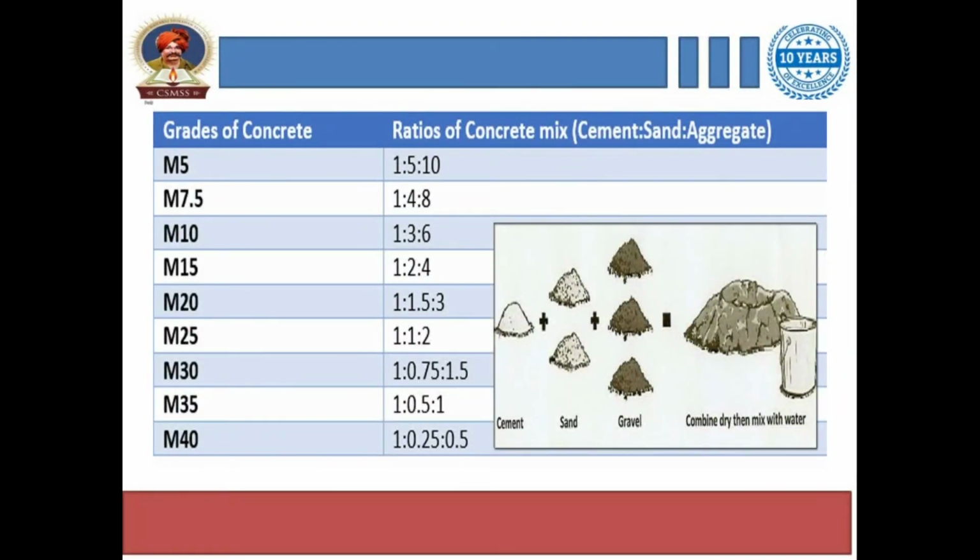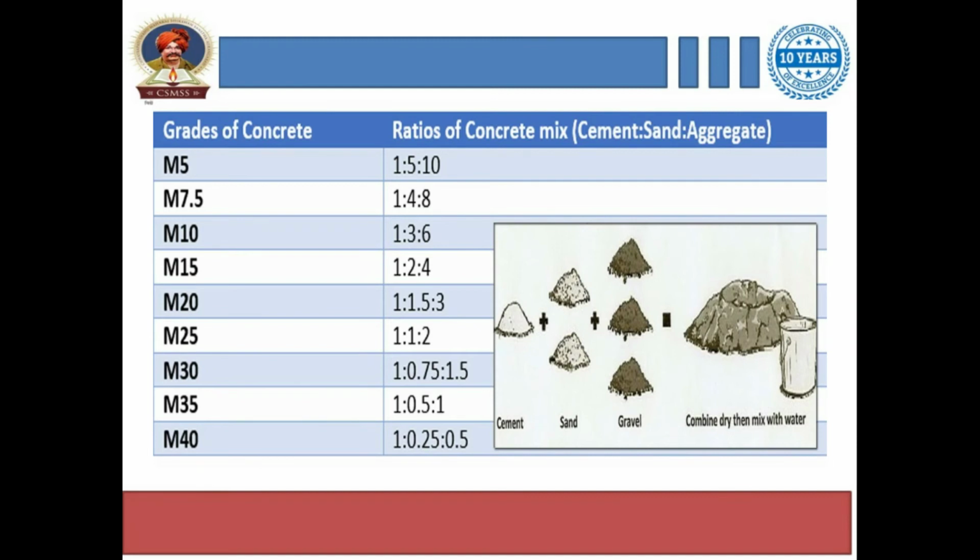Then these are the grades, right? M5, M7.5, M10, M15, where note down this grade of M15, which is 1:2:4, right? M20 is 1:1.5:3, M25 is 1:1:2. It means one volume of cement, one volume of sand and two volumes of aggregate, right?